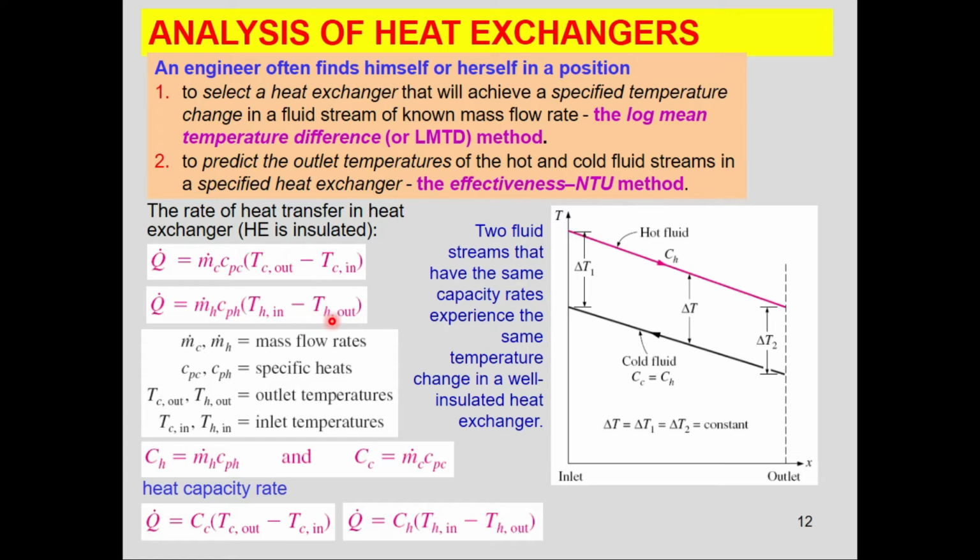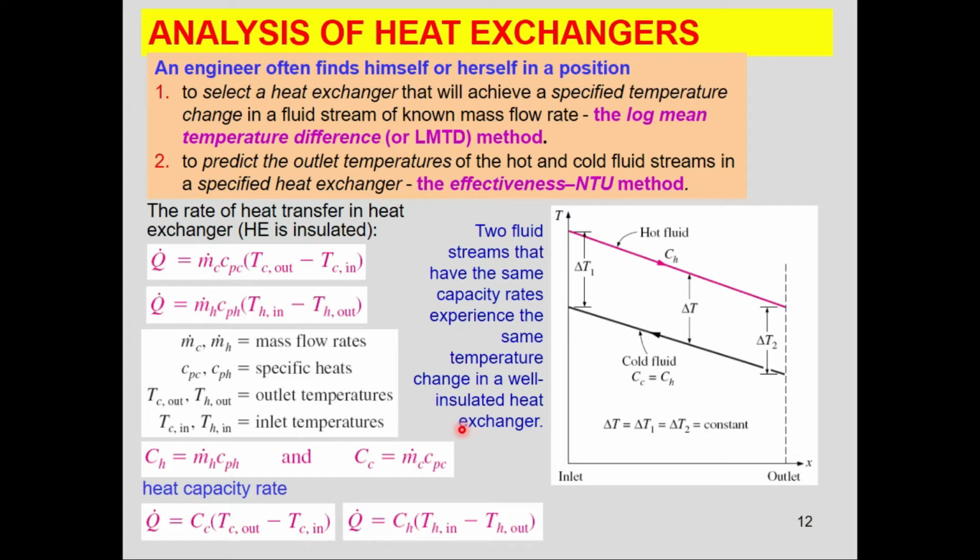One thing is very important to keep in mind: two fluid streams that have the same capacity rates will experience the same temperature change in an insulated heat exchanger. For example, the same capacity rate means both fluids are the same. Let's say both fluids are water, so in that case both fluids will have the same capacity rates.